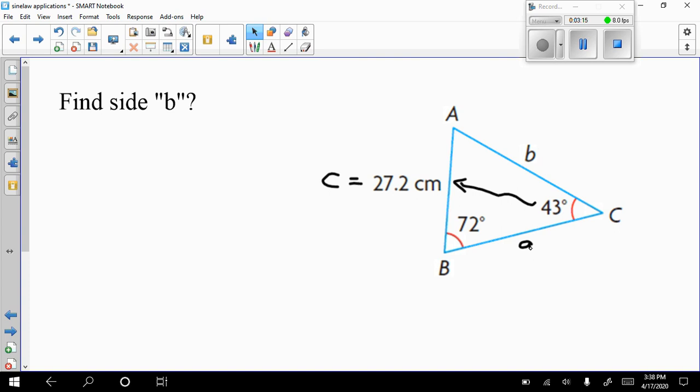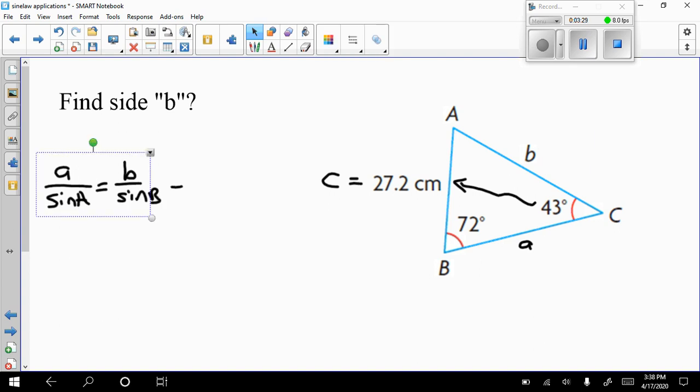Let's start by writing our sine law out. I'm going to write the general form: A over sine A is equal to B over sine B is equal to C over sine C. That's the general form of sine law. Now let's plug our values in.